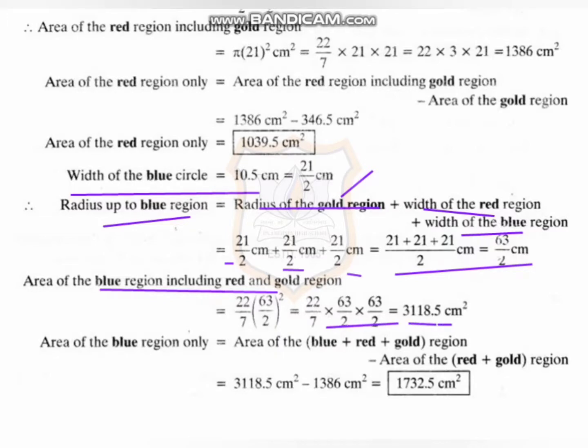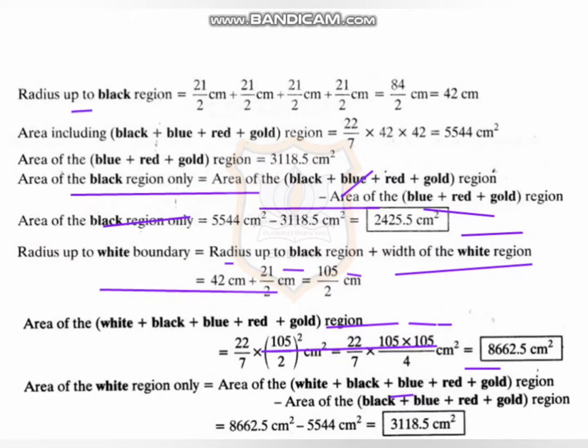So the area of the blue region equals the area of blue, red, gold minus red plus gold. So 3118.5 minus 1386. The value becomes 1732.5 centimeters square. In the same way, the radius up to the black region is 42 centimeters.